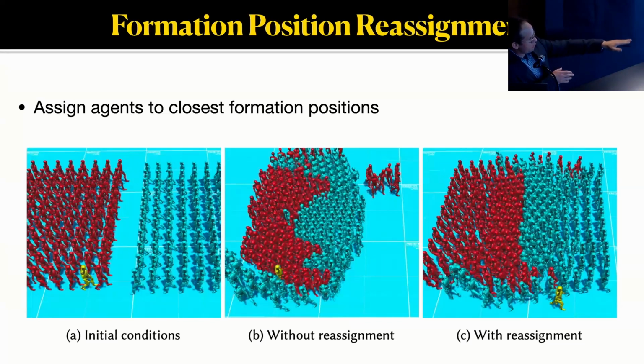That agent has been pushed back very much. Without reassignment, he's going to keep thinking that he has to belong to that specific position in the formation. But with reassignment, we reassign the agent to a different position that more aligns with the current rest configuration of whatever is the optimal solution for that formation shape. That's with C here. I'm going to talk about this in a bit more detail.